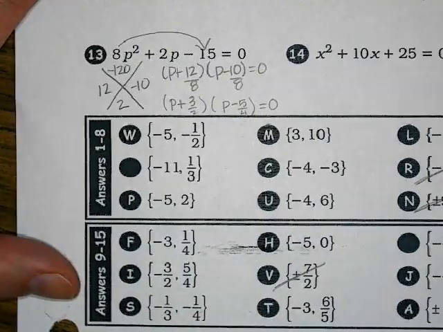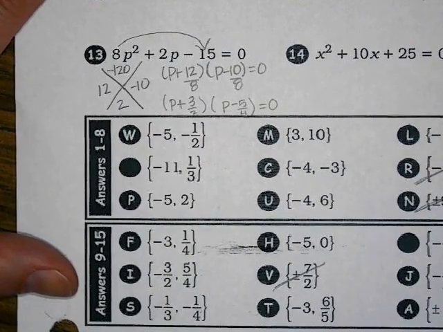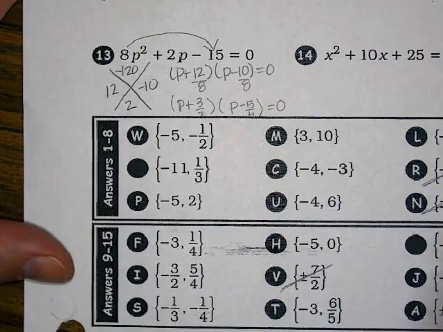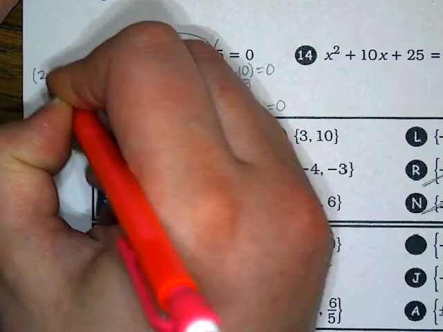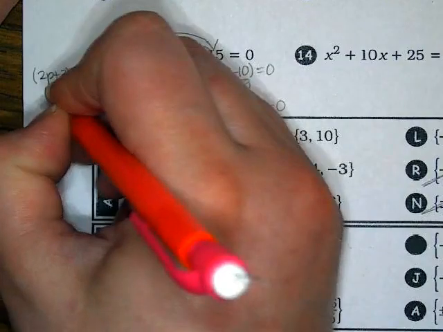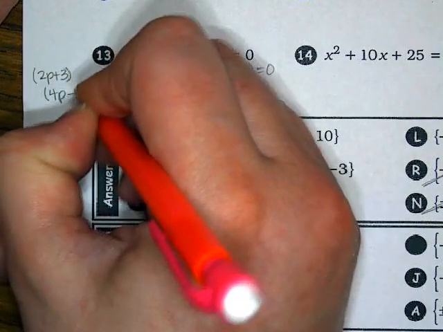Bottoms up. So 2p plus 3 times 4p minus 5. Okay.